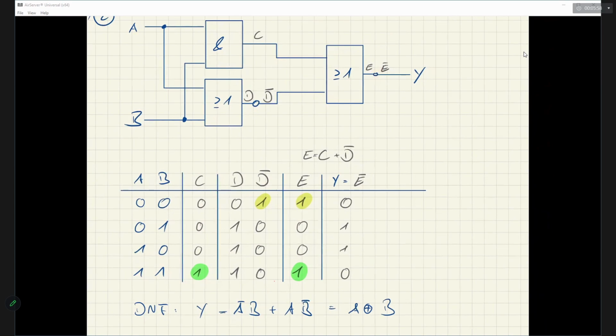Yeah, that's why I defined here E not, and your epsilon is E not. Okay. And so E is 1 for these two cases, which means E not is 1 if E is 0. Okay, it's just inverted from here to there, and the same from here to here.